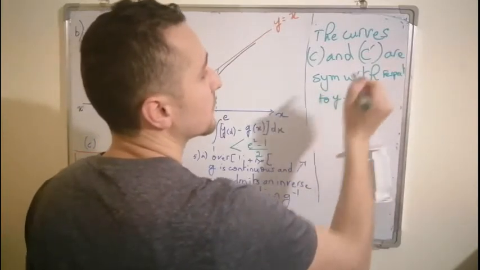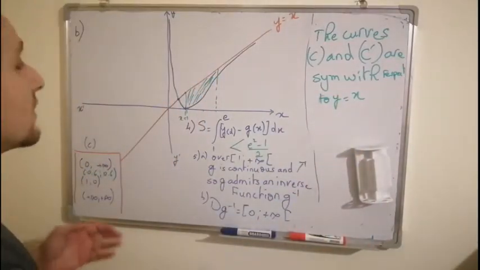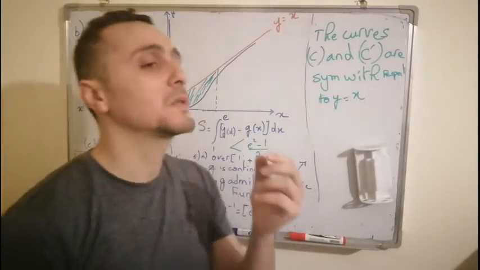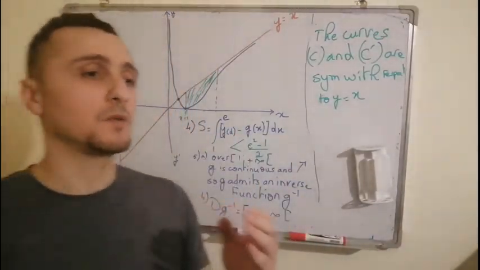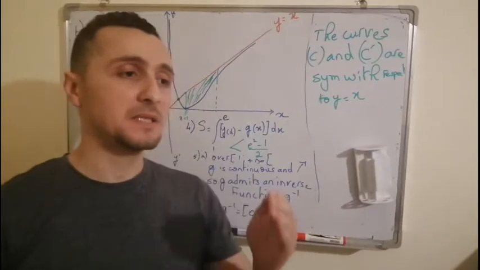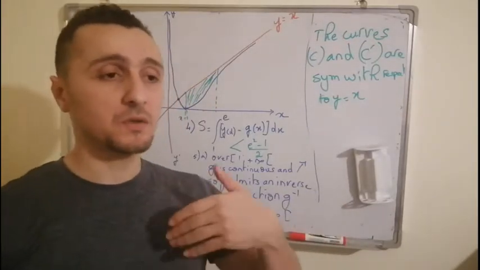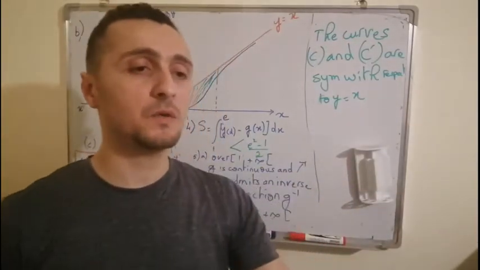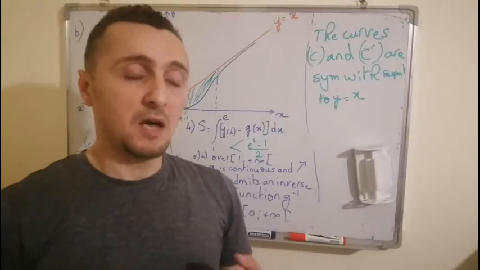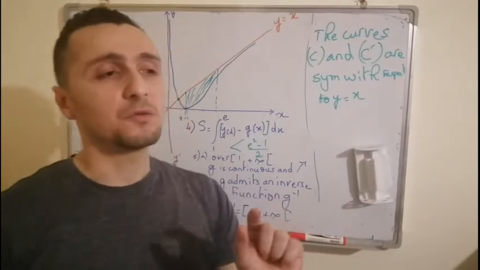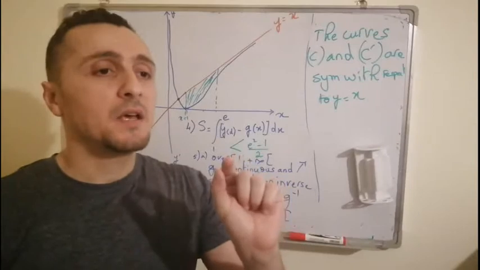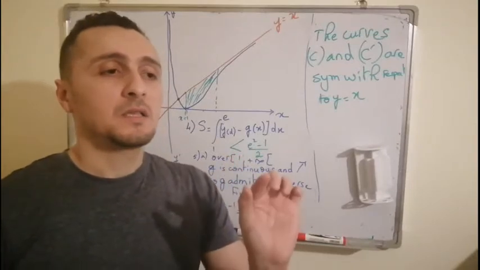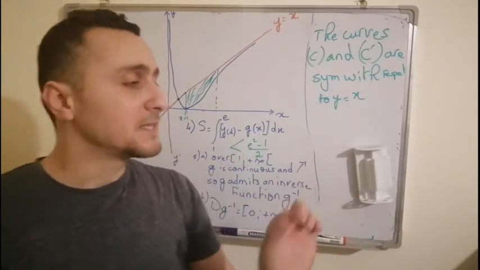So what's the meaning of symmetric with respect to y equals x? If we have a point belonging to the curve C of abscissa 2 and ordinate 5, the corresponding point belonging to the curve of the inverse function is (5, 2). The abscissa and the ordinate change their places.